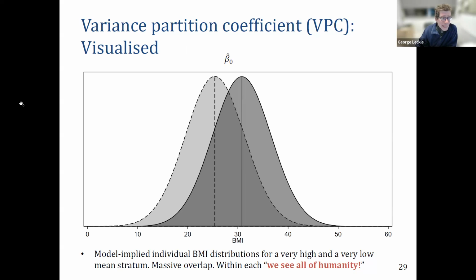One with a rather low mean BMI, which is going to be this here, the light grey area. This is like a smoothed histogram, because we've got lots of people in this hypothetical stratum, and they've got a low mean, and this is really low. This is like at the 2.5th percentile of the distribution.